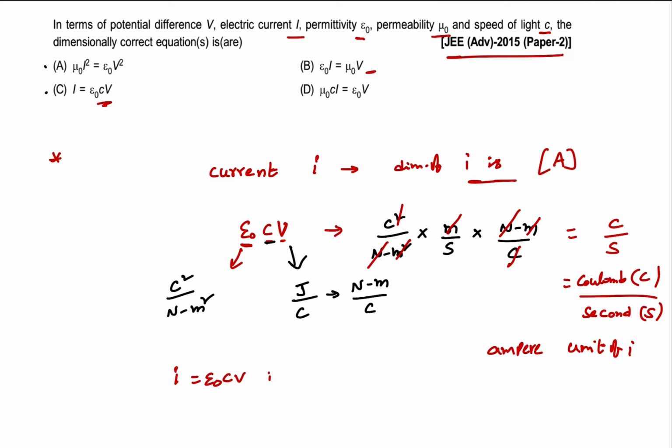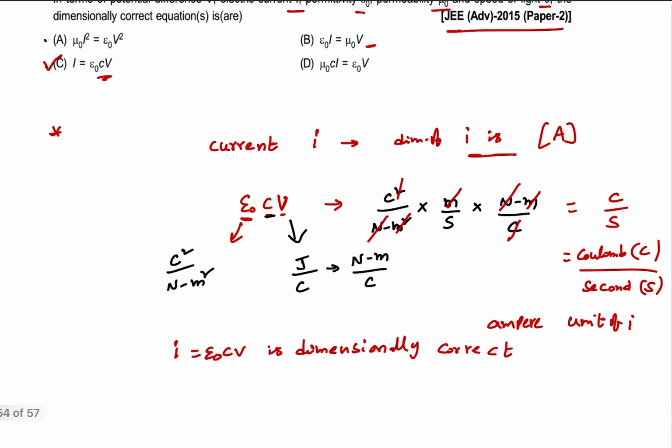Ampere is the unit of current I. So the relation I is equal to epsilon naught C V is dimensionally correct.